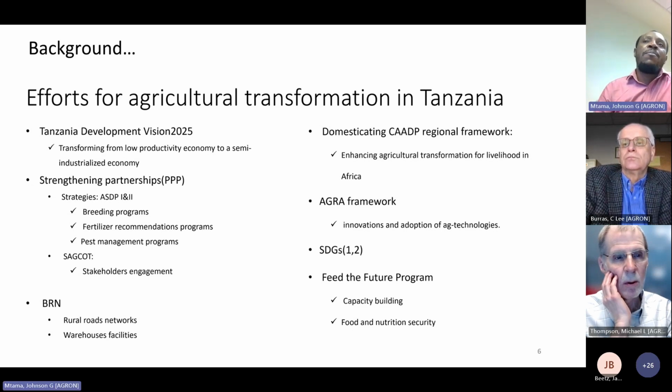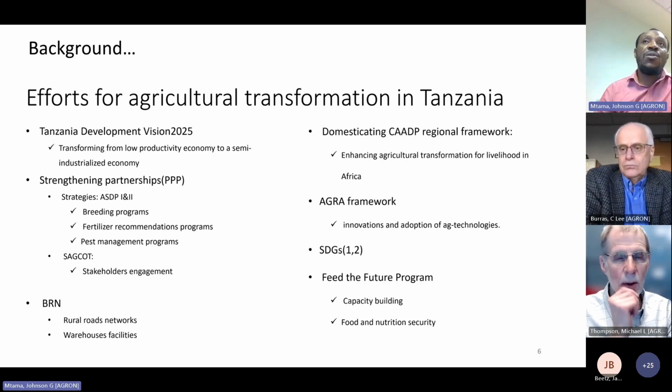created to help the country strengthen the breeding program through the work being done by the Tanzania Agricultural Research Institute. So the government has been providing funding to the TARI scientists, and they have been working on the development of different varieties of different crops, as I have mentioned.